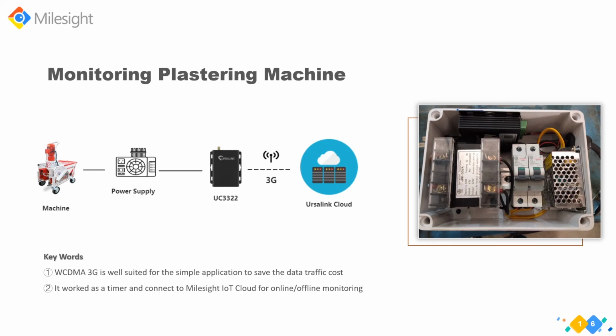So once the machine is powered, the controller is powered at the same time. So the customer can use their IoT cloud platform, formerly the Ursalink Cloud, now the Milesight IoT cloud platform, to check the offline time and the online period, and according to the period, charge the working hours.